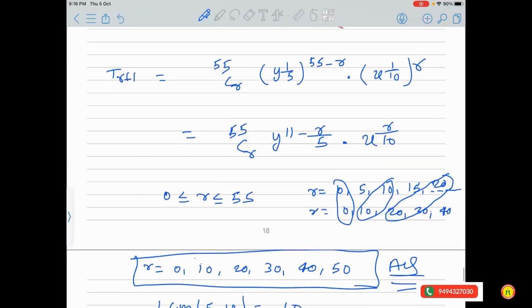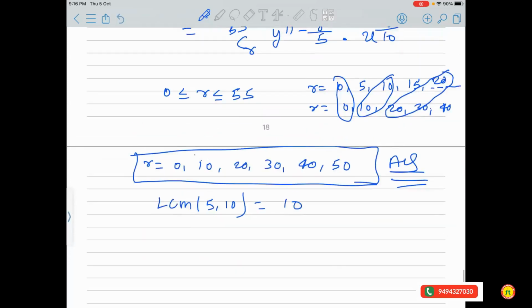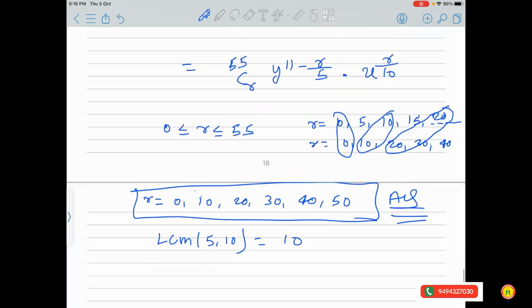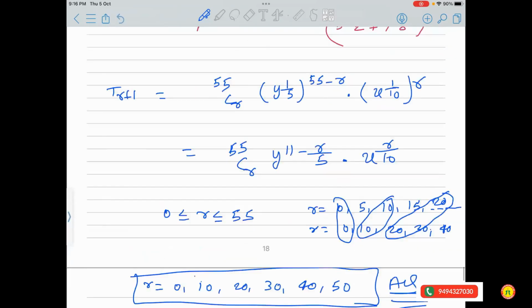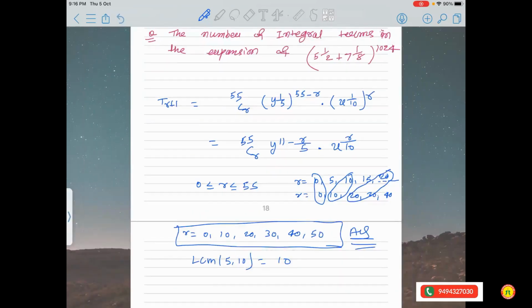Okay, so now if you put r equal to 0, got it? y power 11 and x power 0, right? And if you put r equal to 10, y power is 9 and x power 1. If you put any value other than these, we can't get free from radical sign.